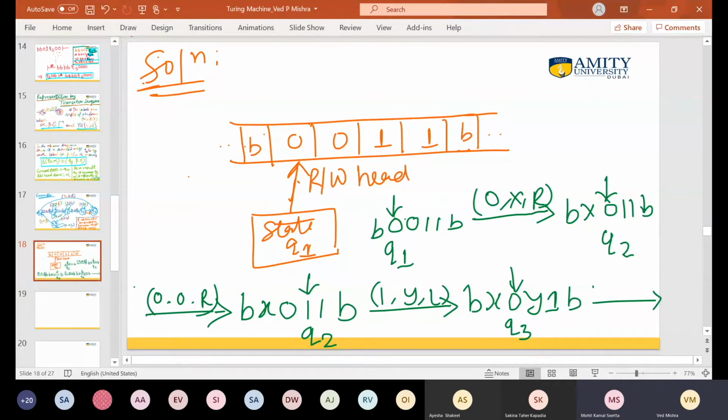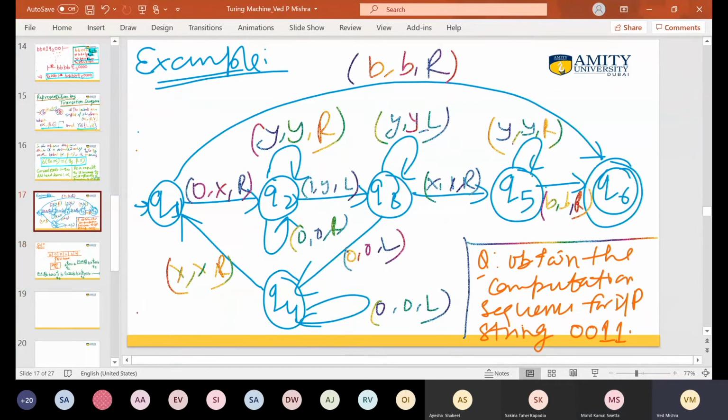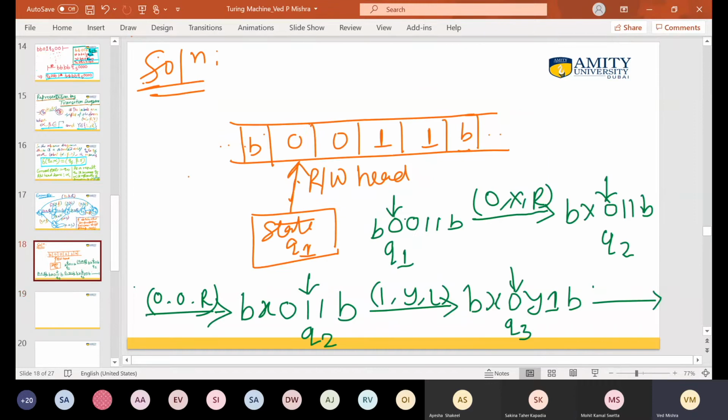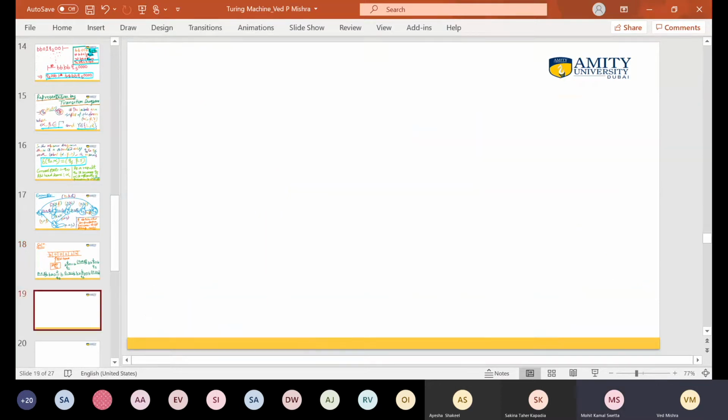So now you will check Q3 0. Where are you going? 0, 0, L. You are going to Q4. So here you will write 0, 0, L. So we go to X, left.